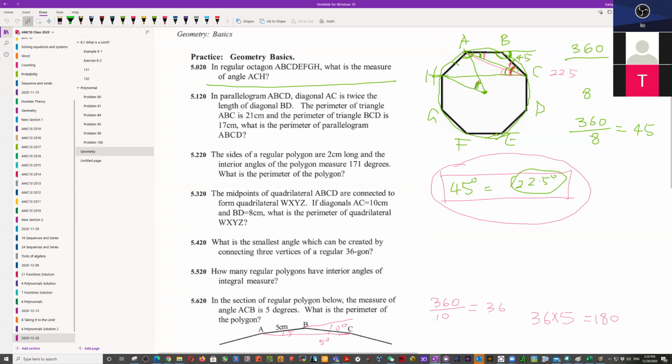So this angle, it's telling you to calculate ACH. ACH is actually 22.5.